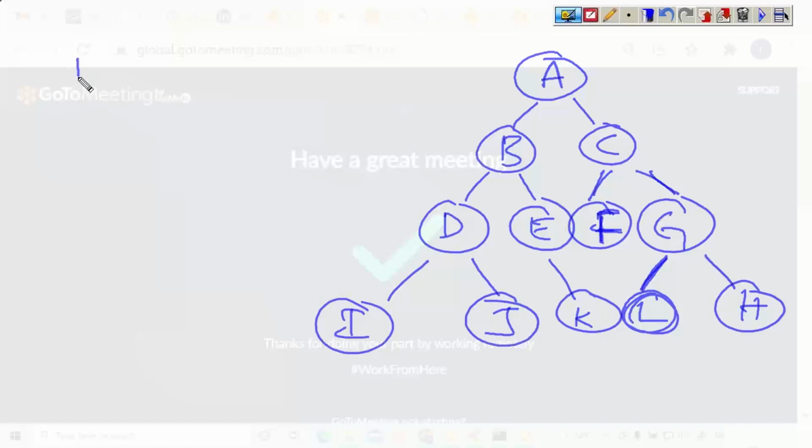First go for in-order. So in-order means left node, then root, then right node. Please observe.